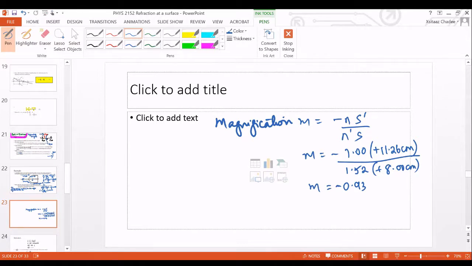And what does this tell us? This tells us that since m is negative, the image is inverted, and since the magnitude of m is less than 1, the image is diminished. So we can put a statement, since m is less than 0, meaning negative, the image is inverted.